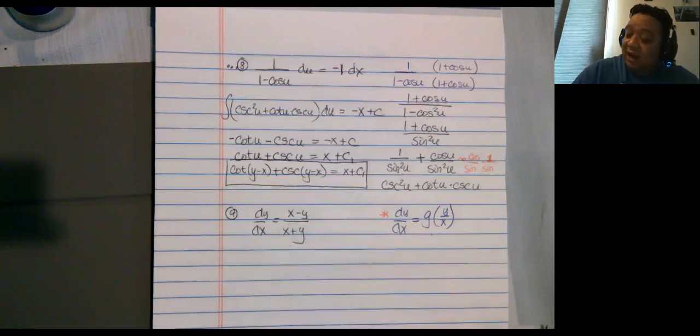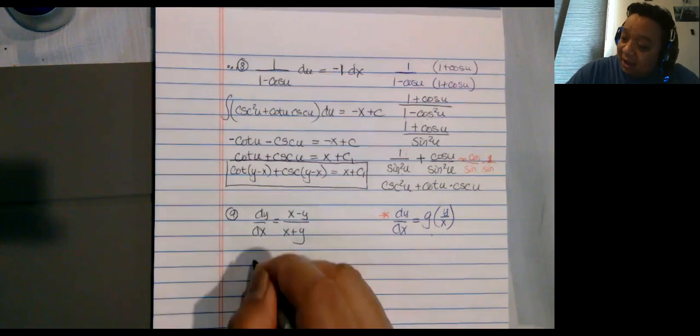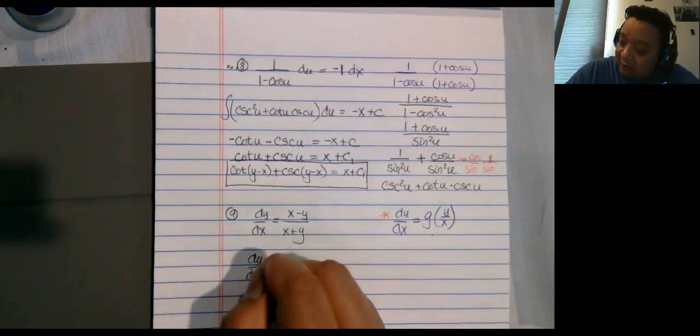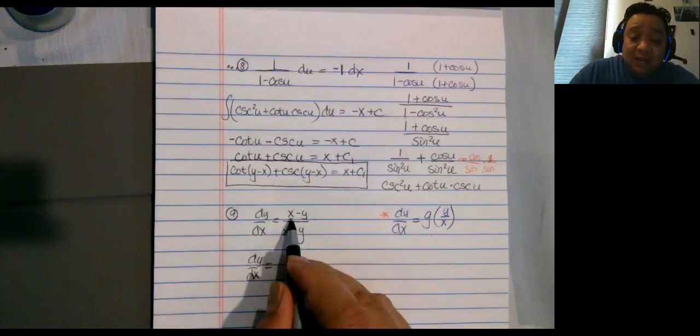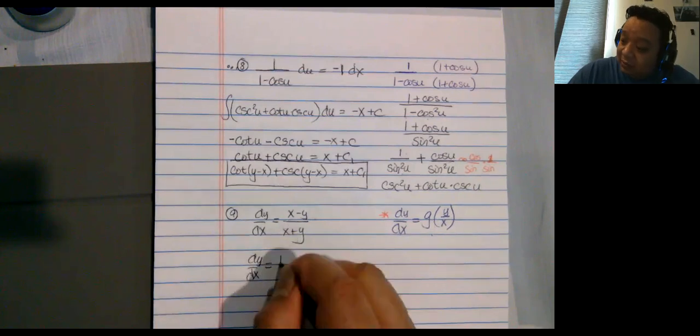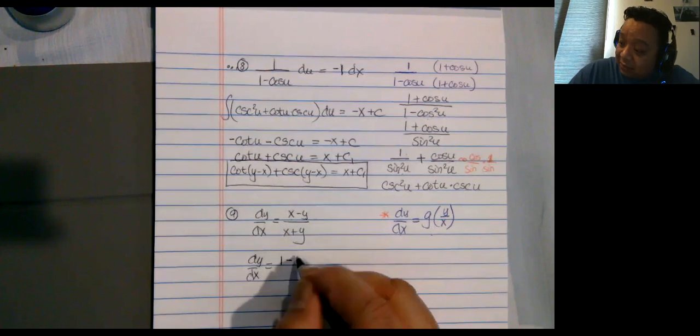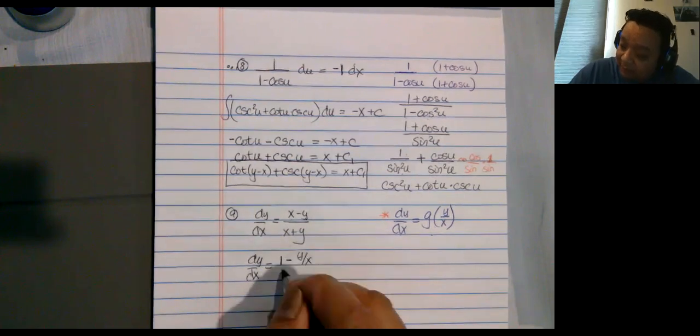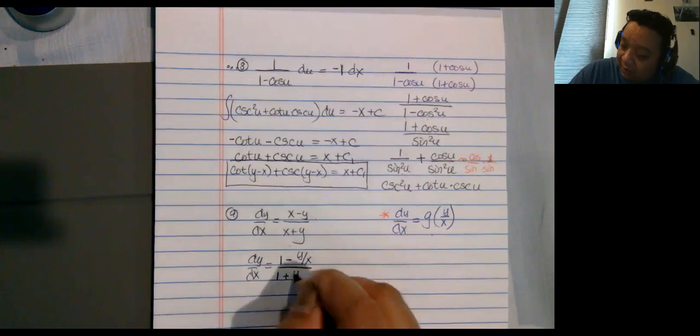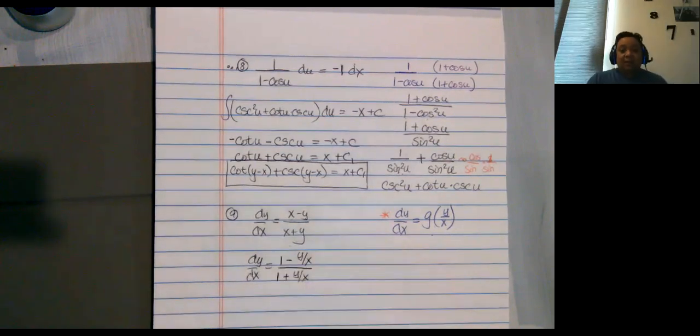So if I divide everything by x, I have dy dx equal to, so this times 1 over x is 1, minus y divided by x would be y over x, all over 1 plus y over x.